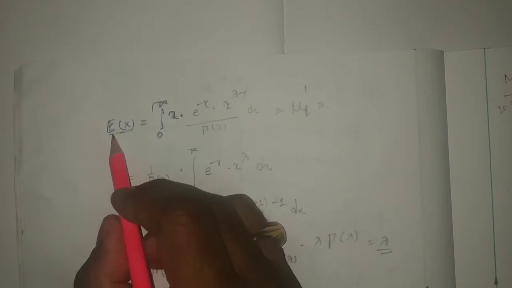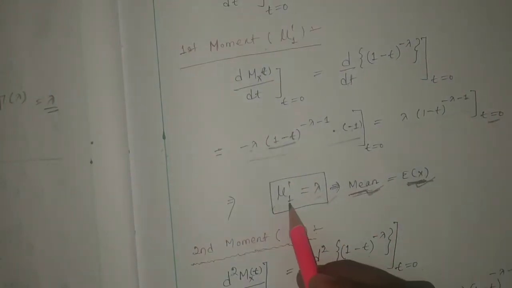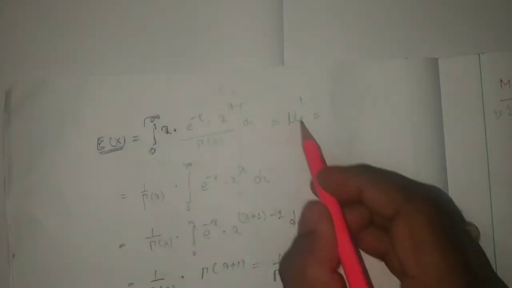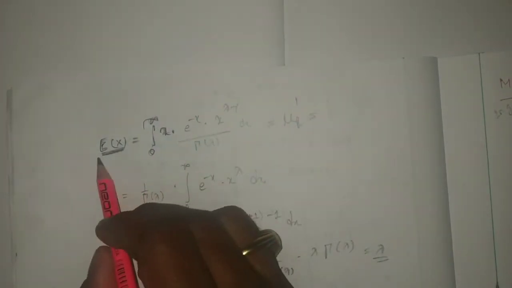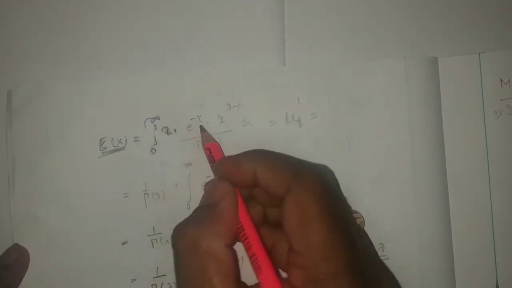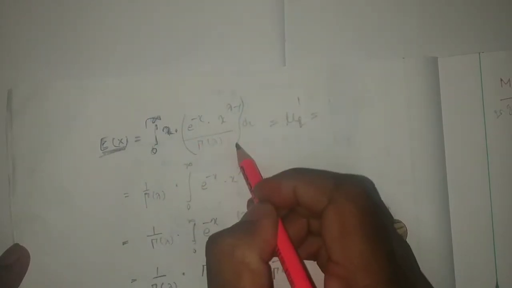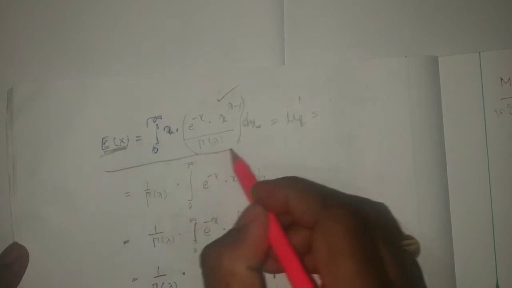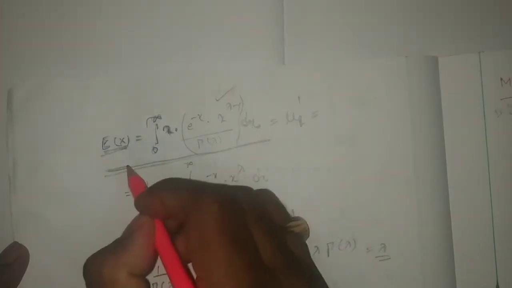That is, this is expectation of x. Expectation of x is nothing but the first moment, mu 1 dash. So mu 1 dash is nothing but expectation of x. Expectation of x means integral from 0 to infinity of x into the pdf into dx, for a continuous distribution. That we have to write down, the expectation value of x will be like this, right?